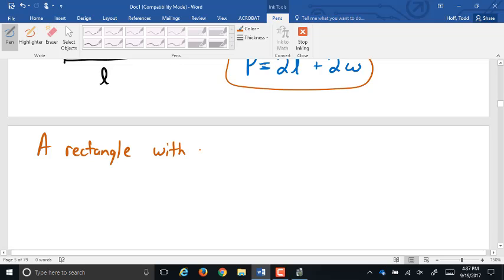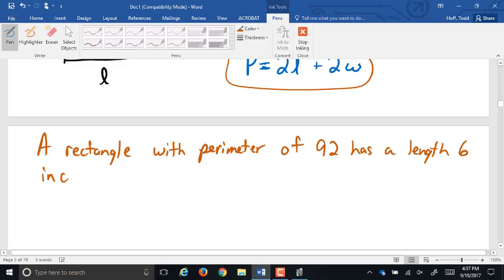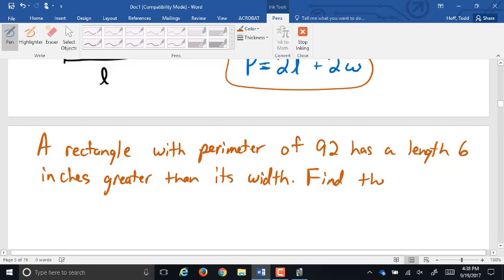So a rectangle with perimeter of 92 has a length 6 inches greater than its width. Find the length and width.